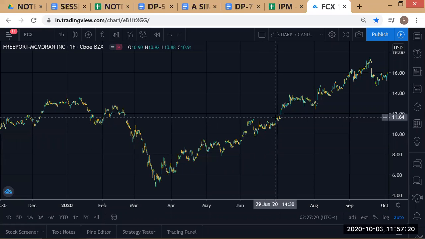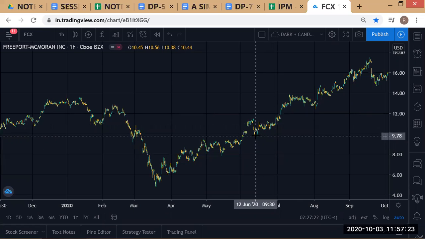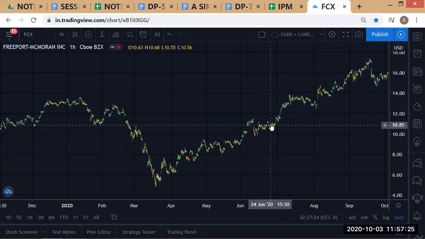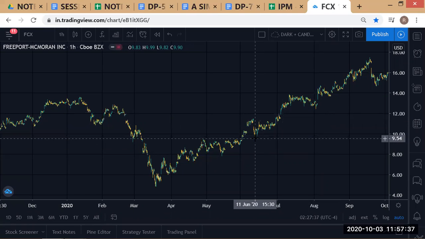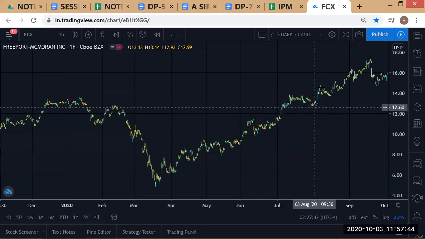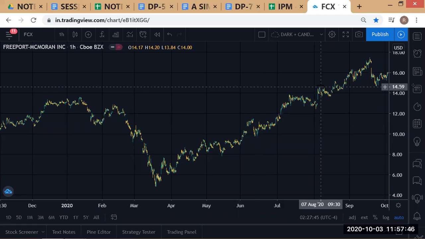Then he waited as the market kept on climbing and made another new high from a new higher low. Initially he was at this low, waiting to see if a new higher low is formed. Then the market went up to this point, where he was able to see a new higher low from which a new high was made.